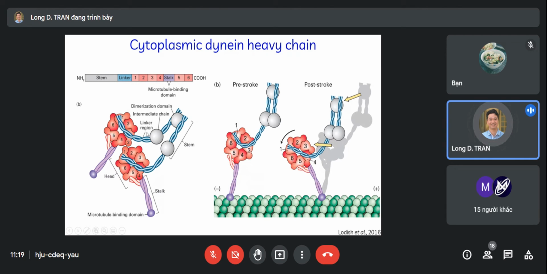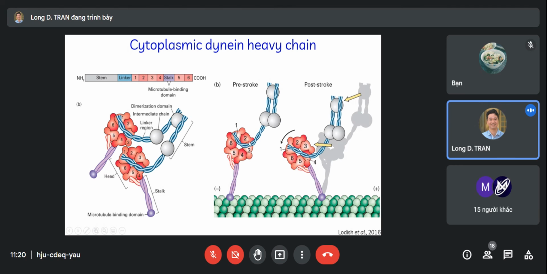When the ATP is hydrolyzed, the configuration of the linker changes. As we can see, it is in a curved form, and then it changes to the straight form. When the linker changes, you can imagine that this ATPase domain will rotate.